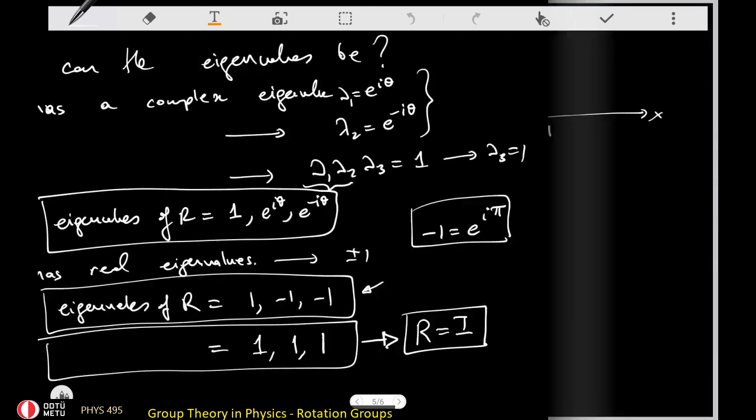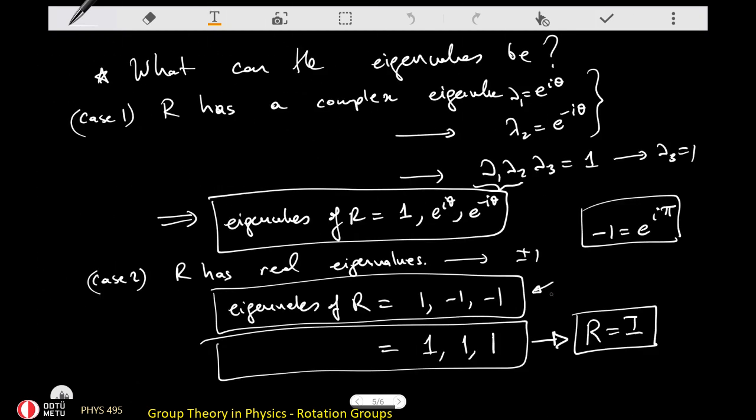In any case, I can actually describe the eigenvalues as 1, e to the i pi, and e to the minus i pi. This is basically a special case of this one, except that the last two eigenvalues are now real, but reality has no special meaning in here. So in that case, I can summarize the result like that.